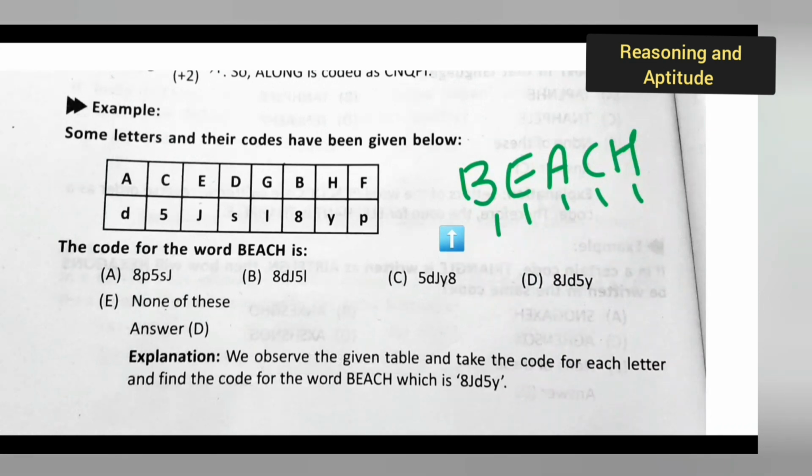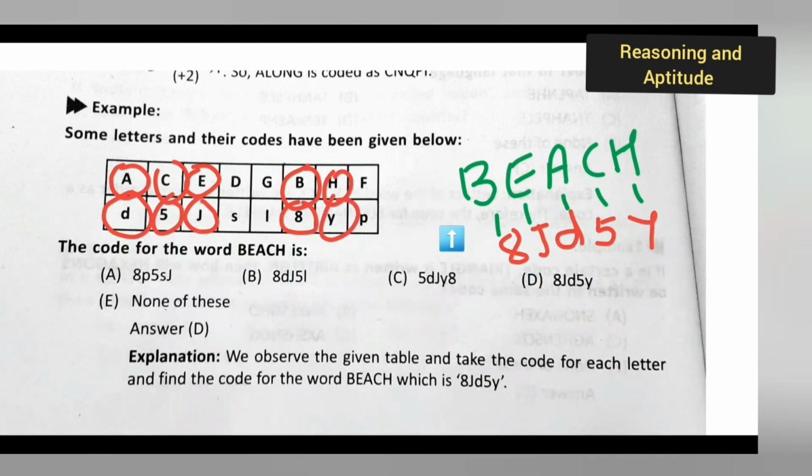For B it is 8. For E it is J. For A it is D. For C it is 5. And for H it is Y. So option D is the correct option.